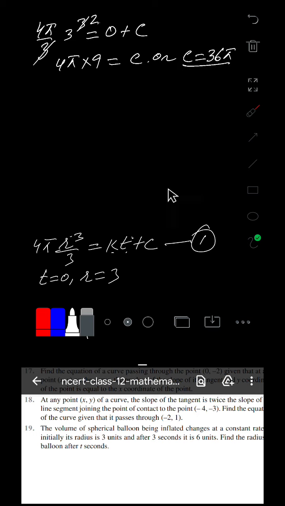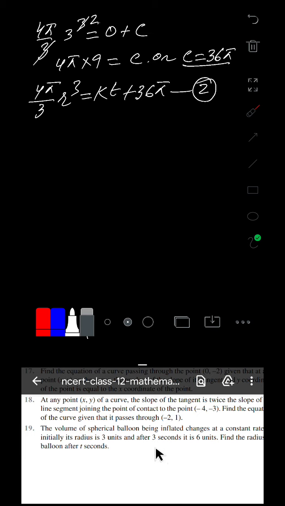Putting this value back in equation number 1, we have 4 pi upon 3 r cube is equal to kt plus 36 pi. Let it be equation number 2. Next in the problem, it is given that after 3 seconds, it is 6 units.